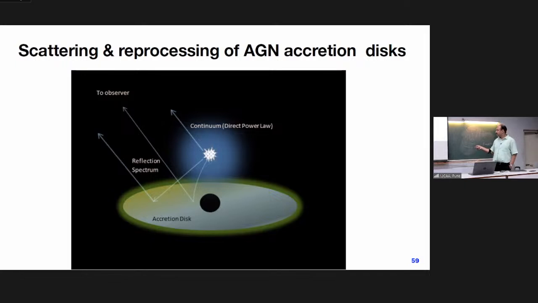This reflection spectrum will scan through the entire temperature distribution of the accretion disk and the morphology of the spectrum. You input a power law spectrum interacting with thermal photons in the accretion disk, and that is called reprocessed emission. The nature of the spectrum changes. Do they absorb and then re-emit? It can also be considered scattering because they're high energy photons.